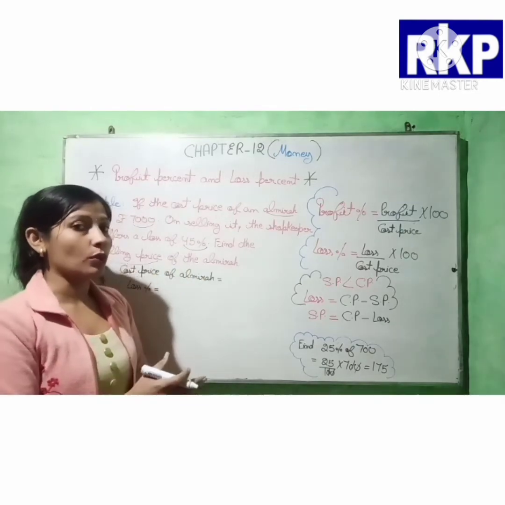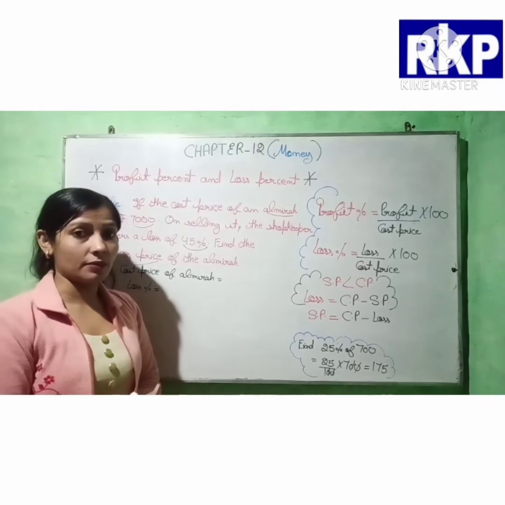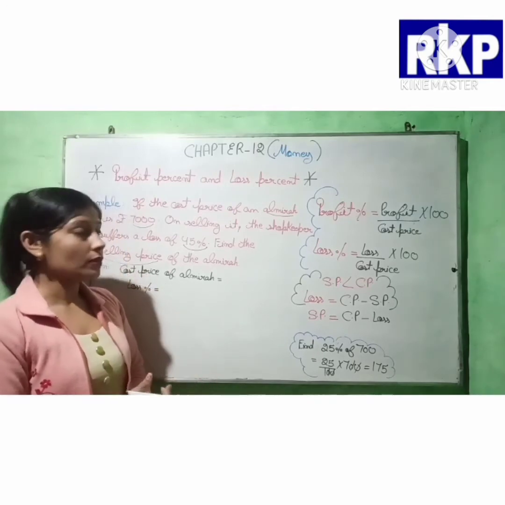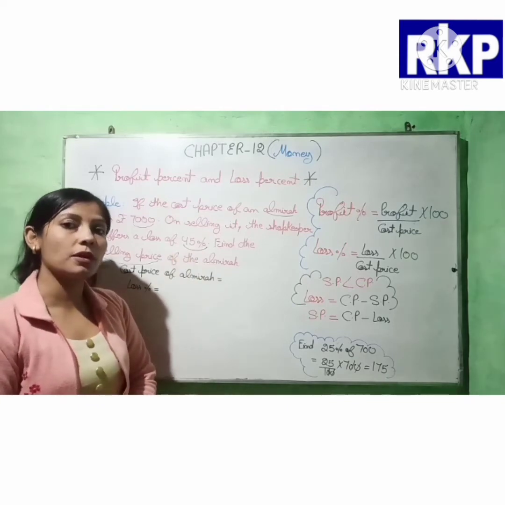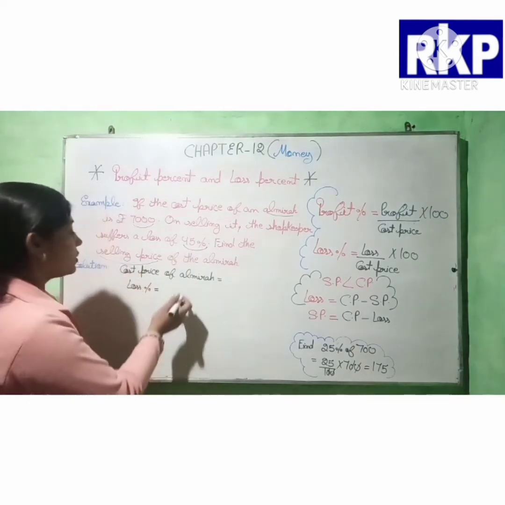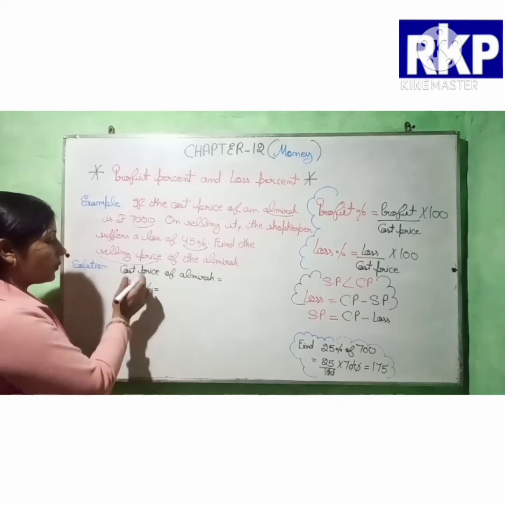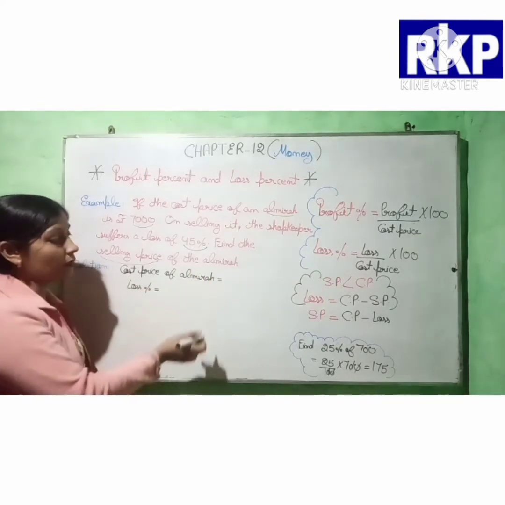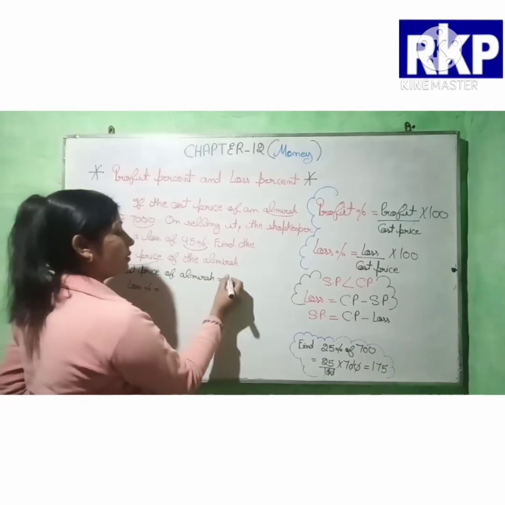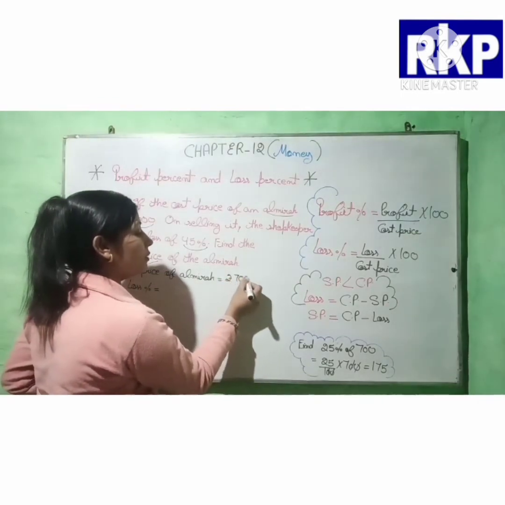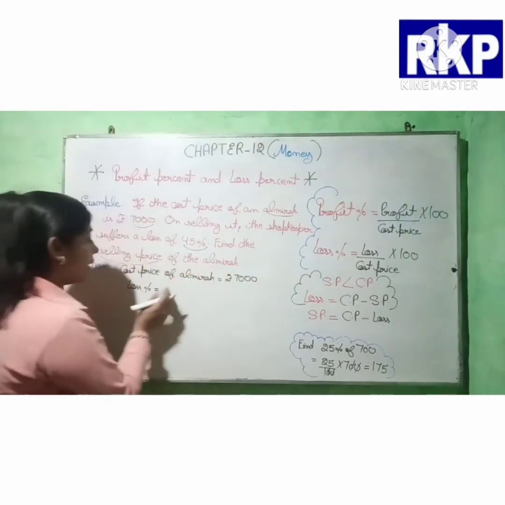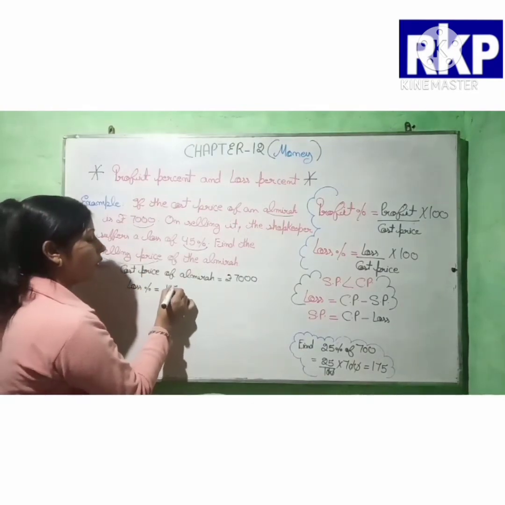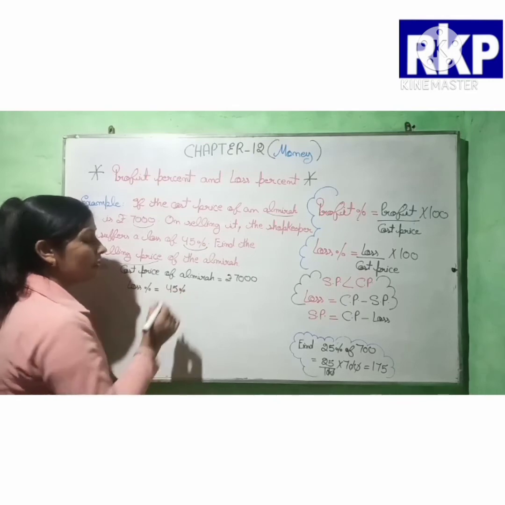Okay, so to find out selling price, first of all we need to find out loss, because here we have loss percent. Okay, so here first of all we have to write cost price of almirah. Okay, which is given, and that is 7,000 rupees. And loss percent also is given, 45% is loss.